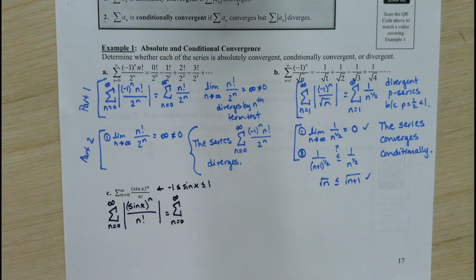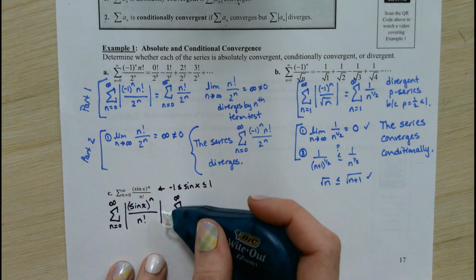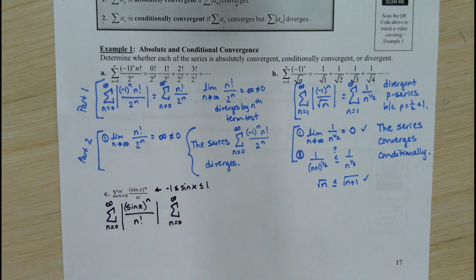But if we take the absolute value of it, then we can kind of compare it to just being a +1 value. I'm a little bit hesitant to write this equals thing that I just wrote down because I feel like we're headed more towards a direct comparison test than anything else. So I'm going to clean this up just a little bit and get rid of this equal sign just so that I don't have things connected to each other that aren't truly equal.